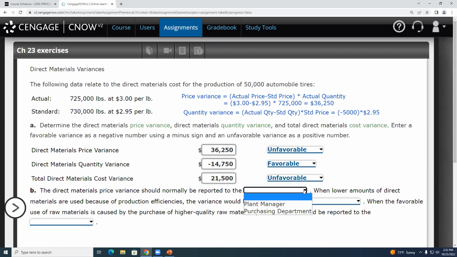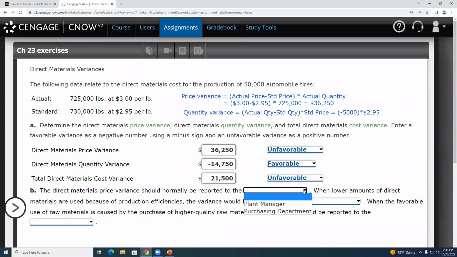The whole purpose behind what you've been learning for the last 23 or so chapters is helping decision makers make decisions. In managerial accounting, those decisions are being made by people inside the company. It does us absolutely no good as accountants if we sit in our cubby holes and do all these calculations and have them all perfect if we don't do anything with it.